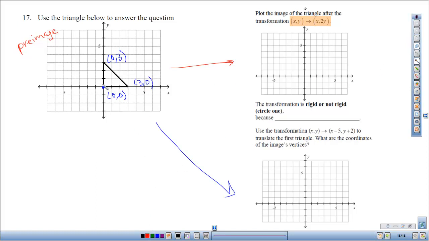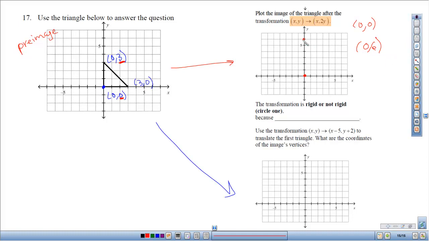So let's start with the 0, 0. Well, the x is going to stay the same. We have to do 2 times this y. Well, what's 2 times 0? It's still 0. So here is my first new point. Let's do 0, 3. Well, the x value is going to stay the same, so it's still going to be 0, but 2 times the 3 would come out to be 6.